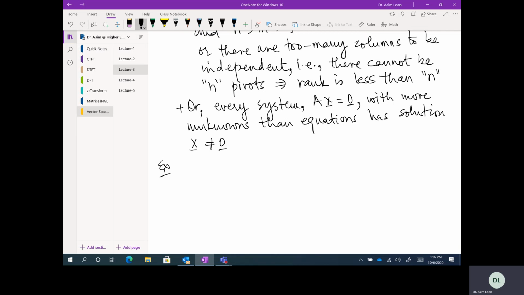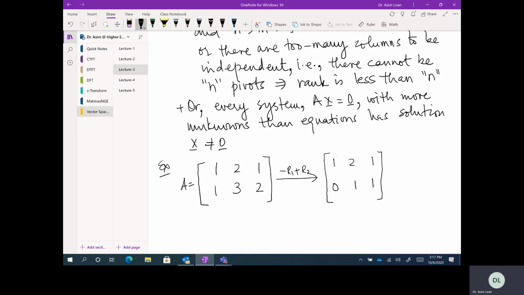And let me give the last example and then move on to the next one. So if A is 1 2 1, 1 1 1, 2 3 1, 2, so if I do minus row 1 plus row 2, I'll get 1 2 1, minus 1 plus 1 is 0, minus 2 plus 3 is 1, minus 1 plus 2 is 1, and this is a pivot.